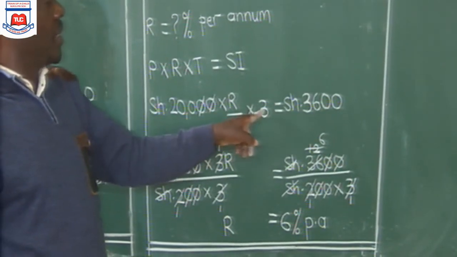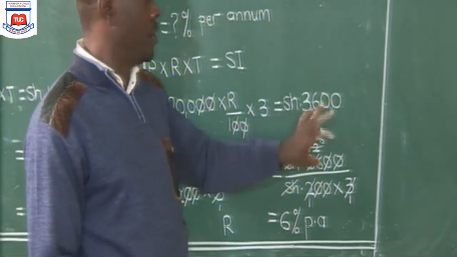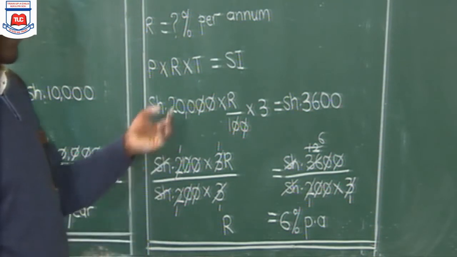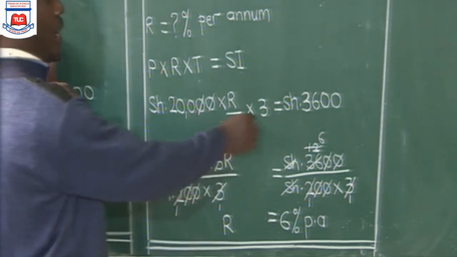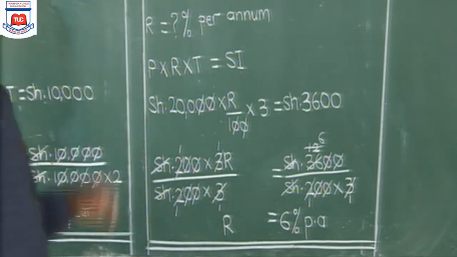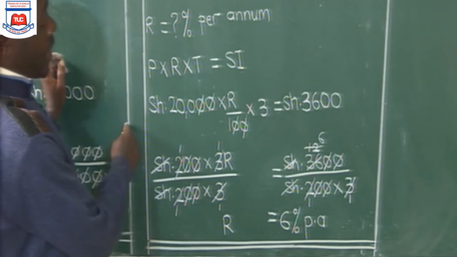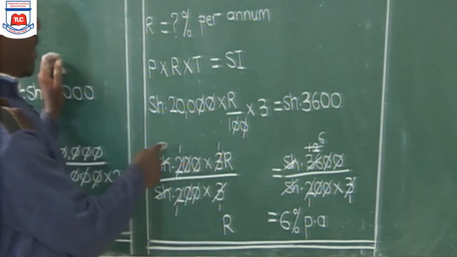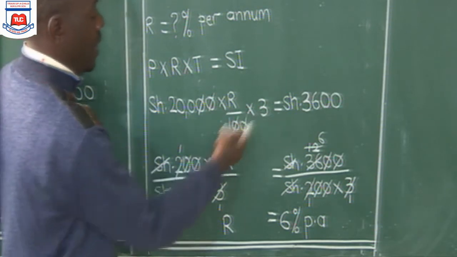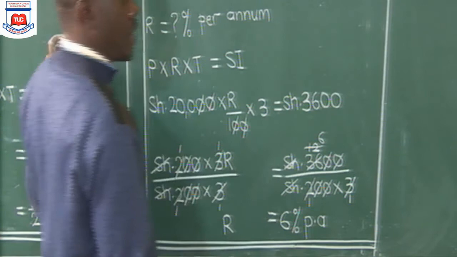So times the 3-year time, which is equal to the simple interest of 3,600 shillings. Before the next step, first cancel. We say by 10, by 10, by 10, by 10. Cancel over zeros by dividing by 10. Now write the outcomes. You have remained with 200 shillings times 3R, which is equal to 3,600 shillings.